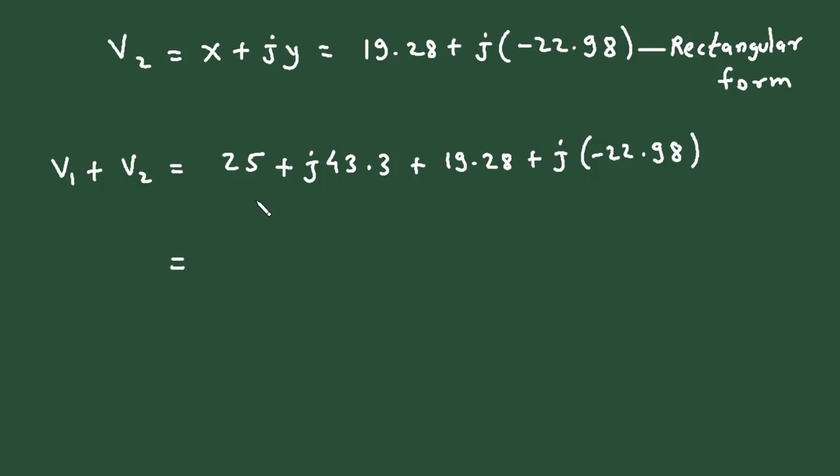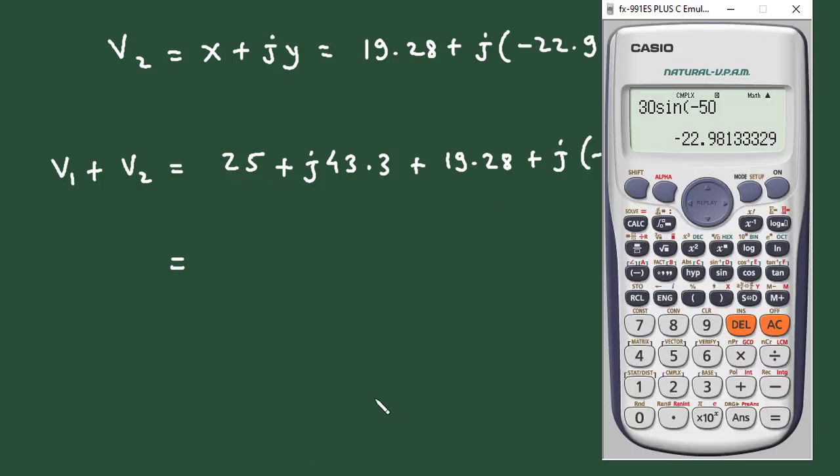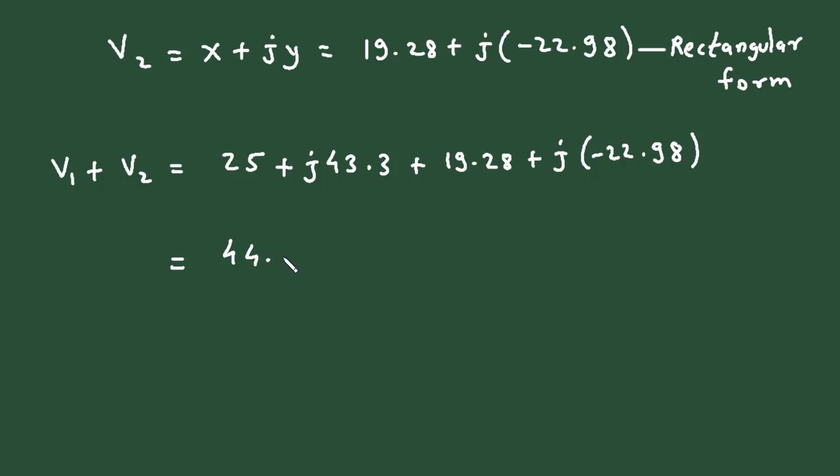So if we add them, first we have to add the real parts. So 25 plus 19.28 is 44.28, then plus j.